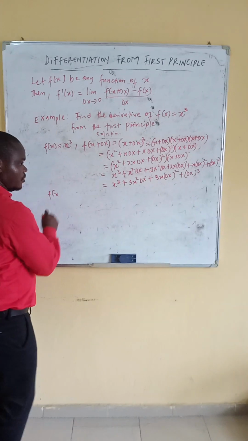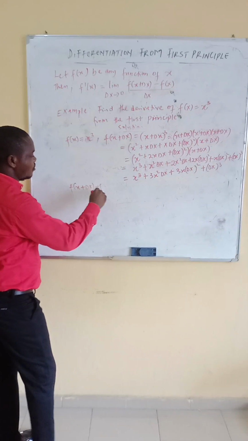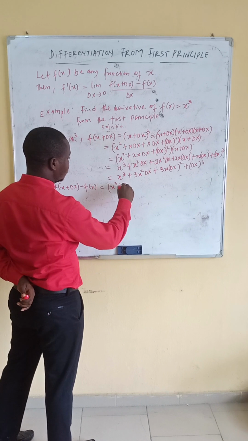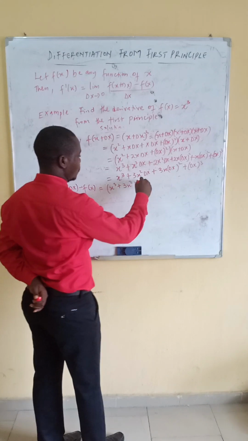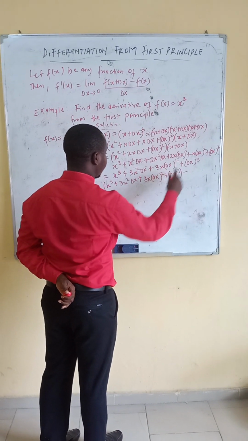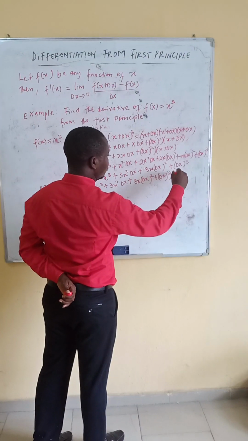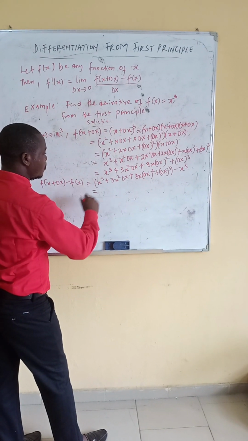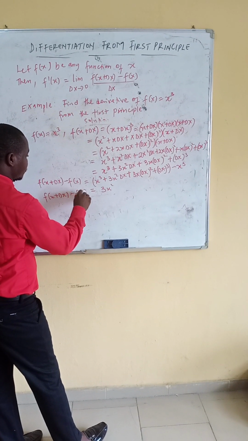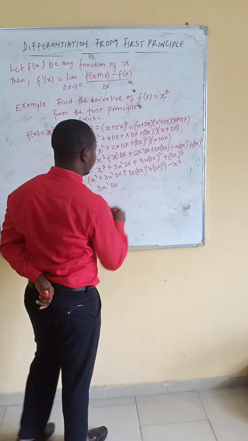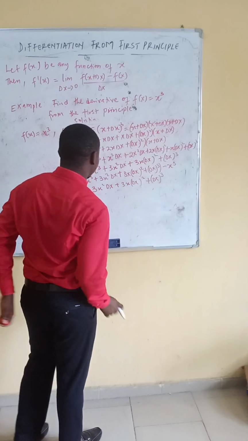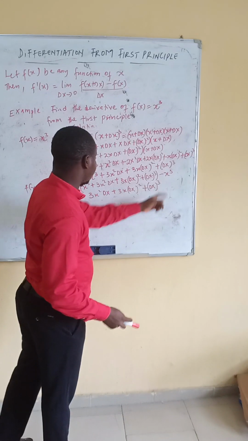Now looking at f of x plus change in x minus f of x: f of x plus change in x is given by x cubed plus 3x squared change in x plus 3x change in x all to the power of 2 plus change in x all to the power of 3, minus f of x, which is x cubed. x cubed minus x cubed is 0, that will give us 3x squared change in x plus 3x change in x all squared plus change in x all to the power of 3.